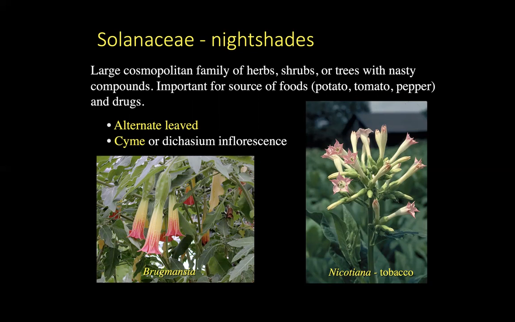Brugmansia on the left is angel trumpet. And maybe I'll tell you someday the story about my undergraduate study abroad trip to Brazil, in which students tried to hallucinate with it. Don't do that. They did. At any rate, there's lots of crazy chemicals in lots of Solanaceae, and you can hurt yourself with them. Yes?